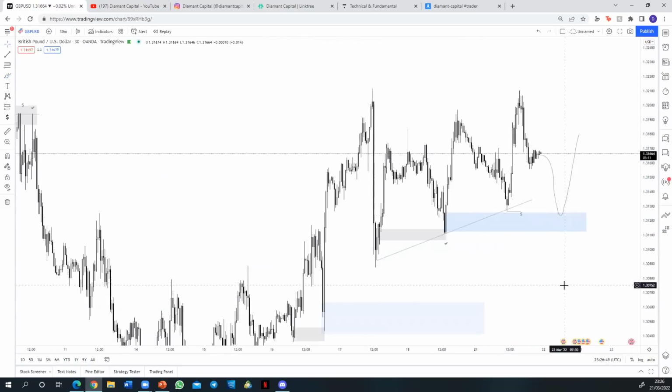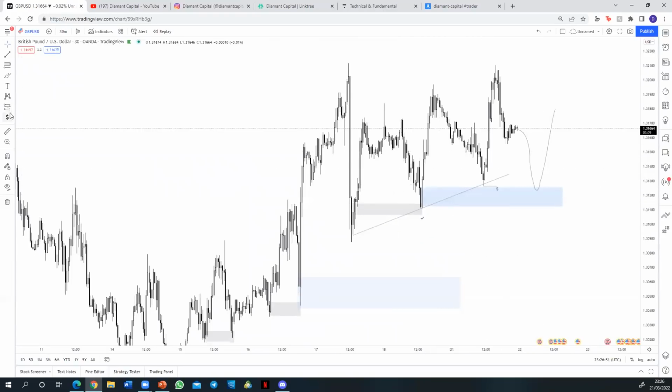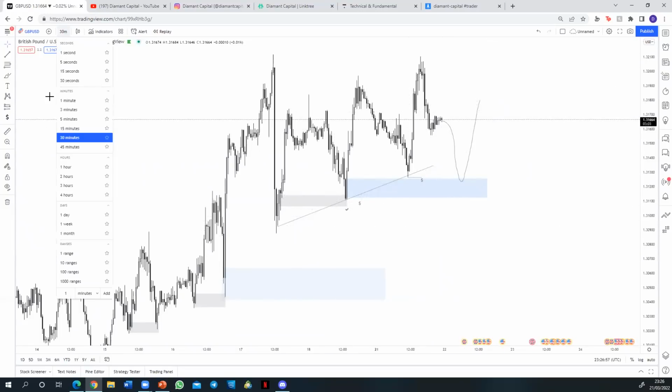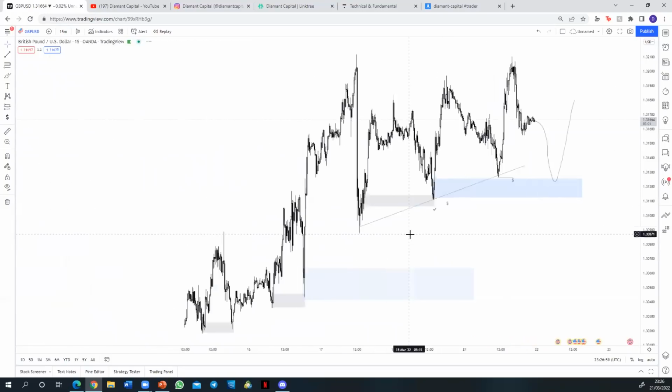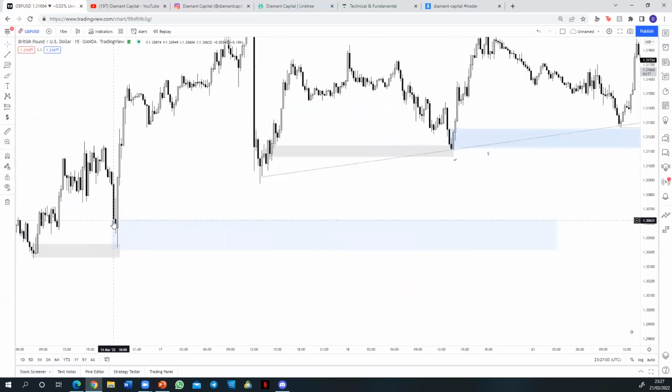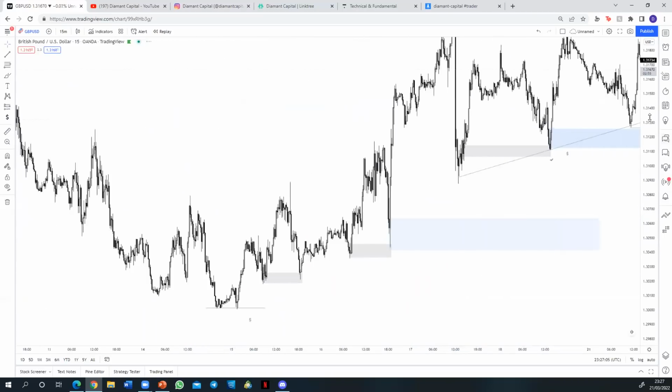Now, if this doesn't work, of course, we do have this sort of trendline liquidity building up. So I can expect that to be taken and then leading us down to this refined entry right here, the body of this candle right here.